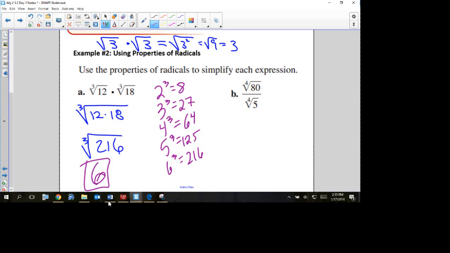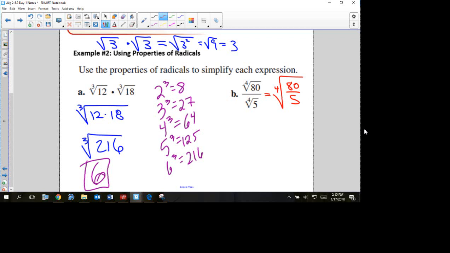Next, we have a quotient. We're dividing. I'm going to use the quotient property since they're both fourth root. I'm going to put this division under one big fourth root. Why would I want to do that? 80 divided by 5 is something that I could do. Make it simpler.